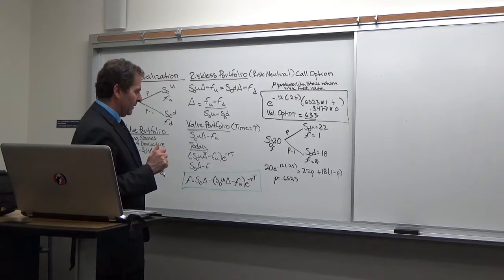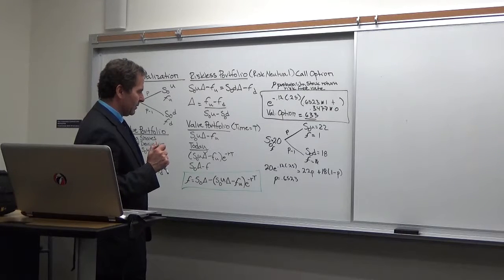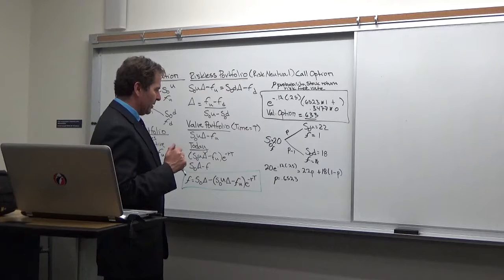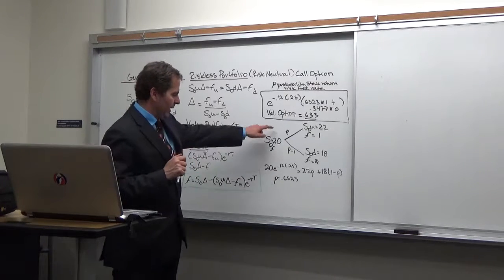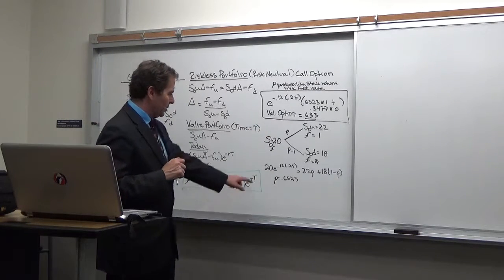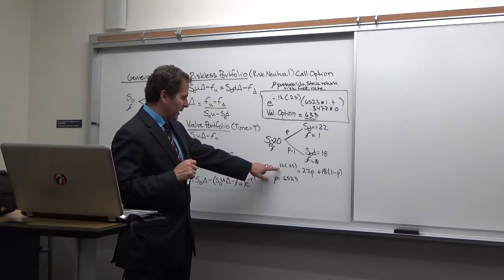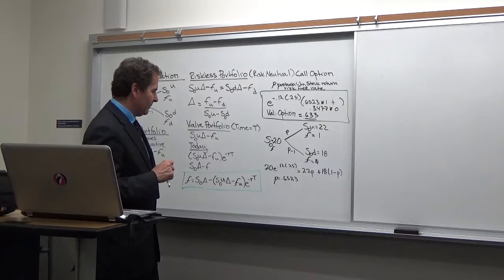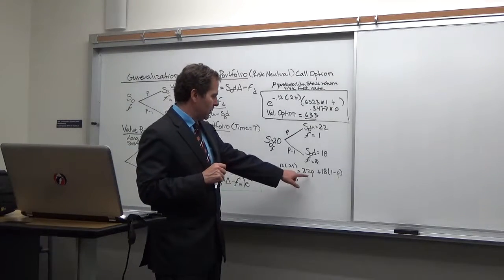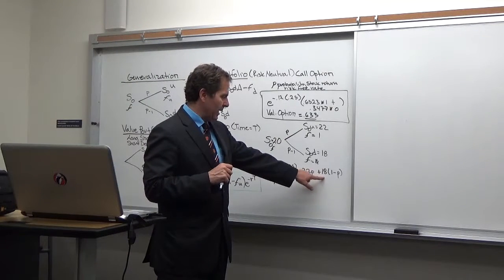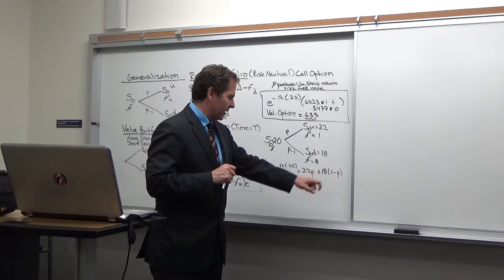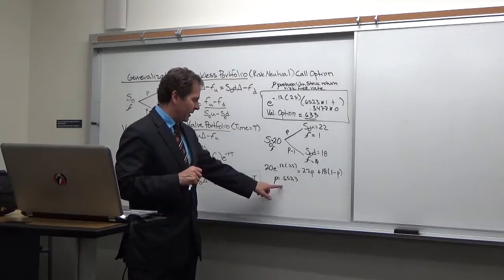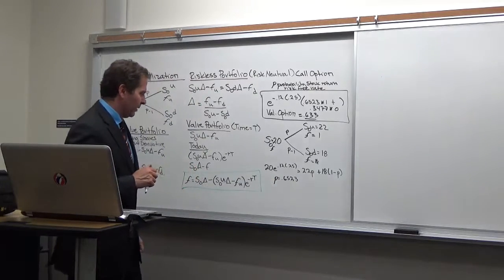So I can figure out first what the p-value is, the probability that the stock will return a riskless rate. So you take the $20 times e to the 0.12 times 0.25, equals 22p plus 18 times 1 minus p. If you solve for the p-value, it gives you 0.6523.